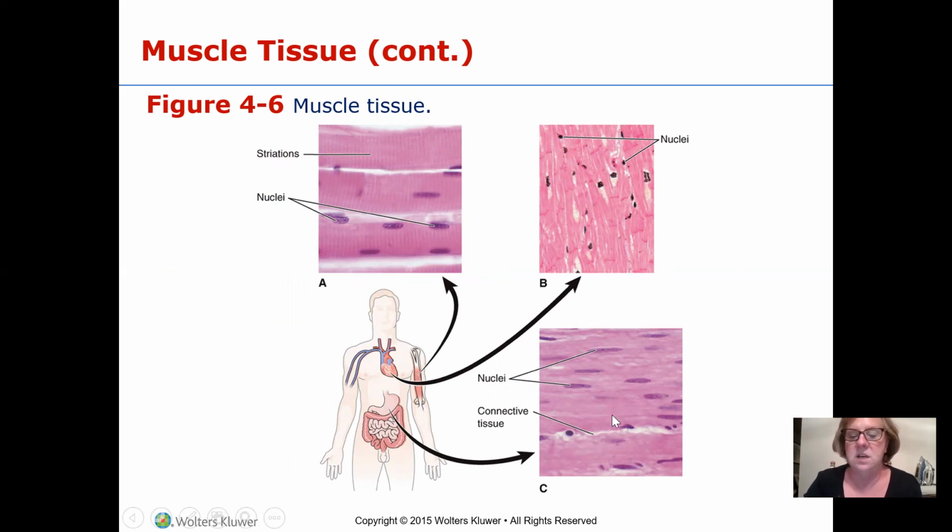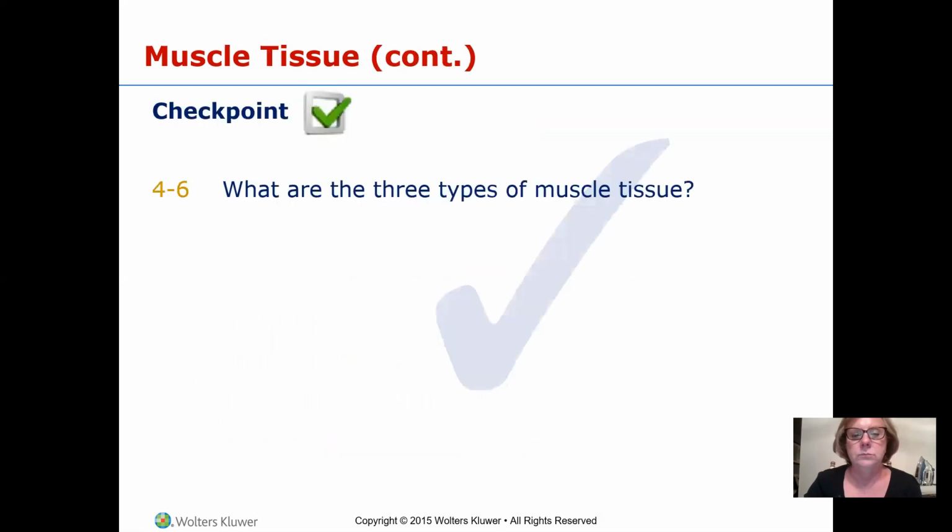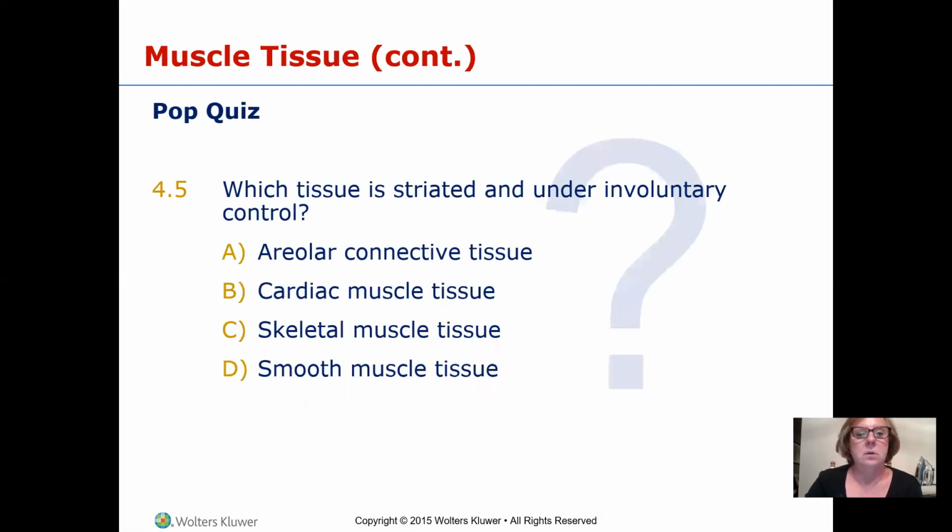So that's a type of visceral muscle, okay? Smooth muscle. So the three types again are the skeletal, the visceral, or the smooth, and then the cardiac muscle. Which tissue is striated and under involuntary control, and of course that would be cardiac.